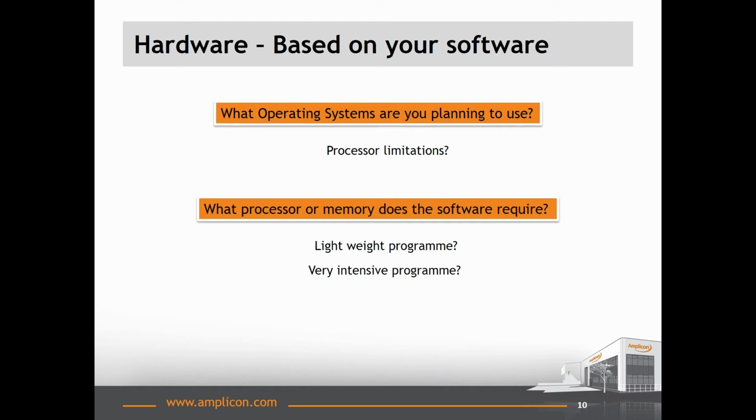Also, we need to look at how intensive the software you are using is. Is it a lightweight program that runs on an ARM or Atom processor? Or are you looking at a massive processor hog that requires 10 cores and 64 gig of RAM? It is crucial that you are aware of the minimum or recommended hardware needed for the optimum performance of the software you are using. Once you've answered all of these questions, you will know if you require a low power or high power system.